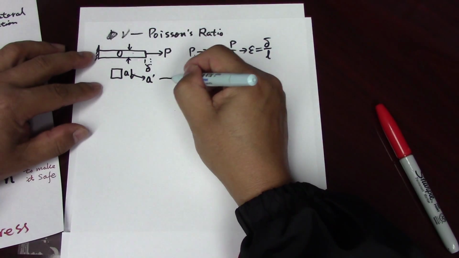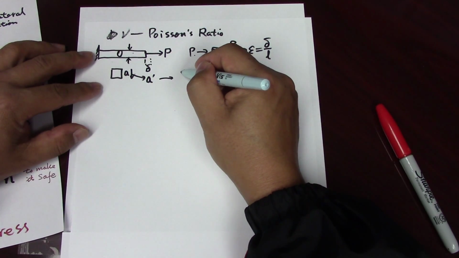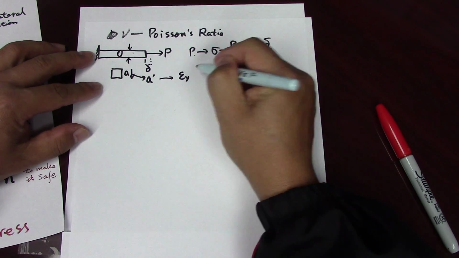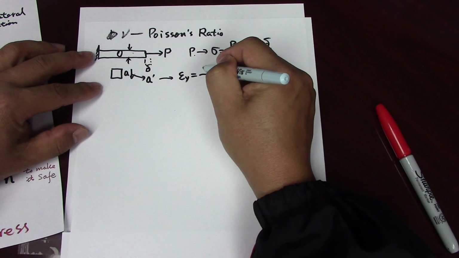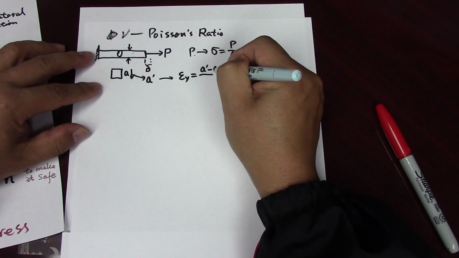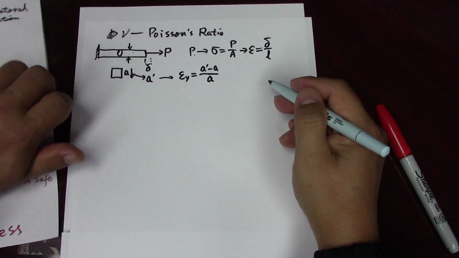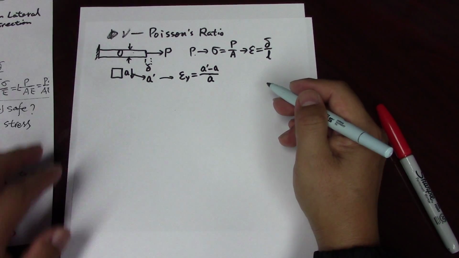So then, same way, you can define the strain in this lateral direction. Let's say we call it the Y direction. And that basically is A prime minus A, and then divided by the initial A. So this is the strain in this lateral direction.